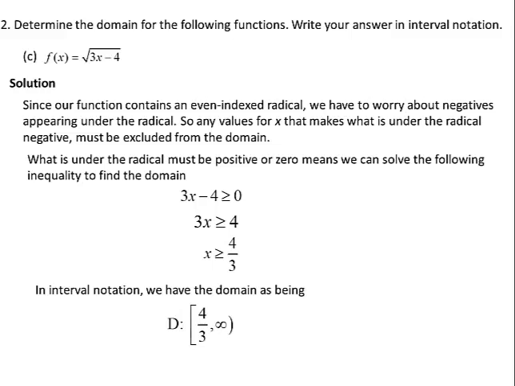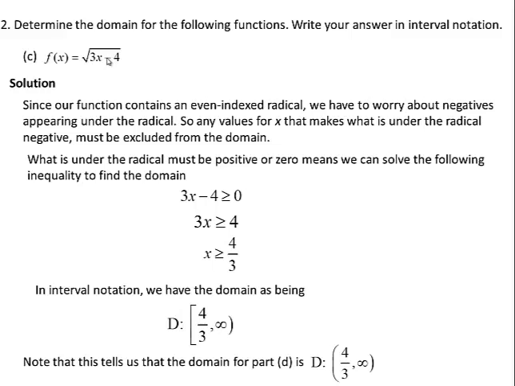So I could use my work from part C to tell me that the domain for part D is almost identical to what we have here in C, except now you cannot include the 4/3, because 4/3 is going to make what's under the radical 0, and in part D, since this expression was in the denominator, we can't divide by 0. So that's the domain for part D. Part D domain, and this is part C domain.